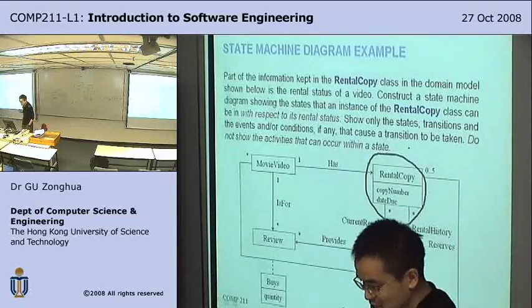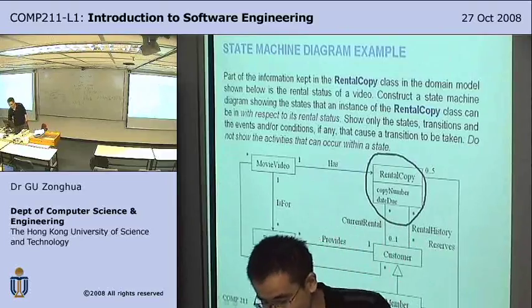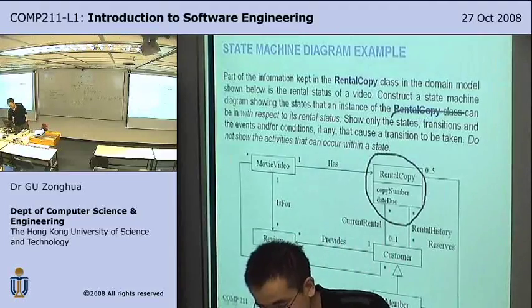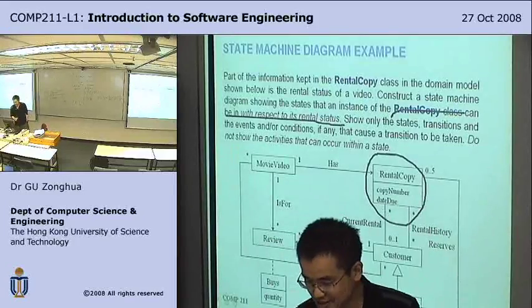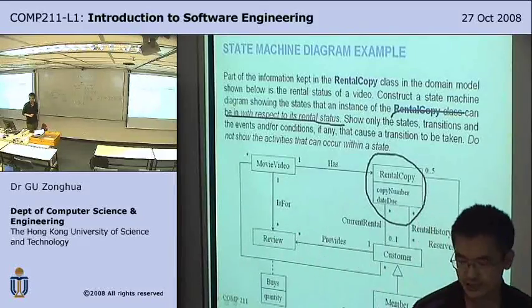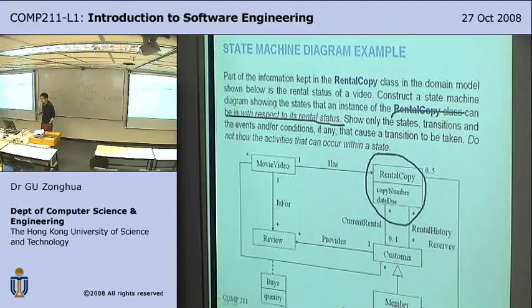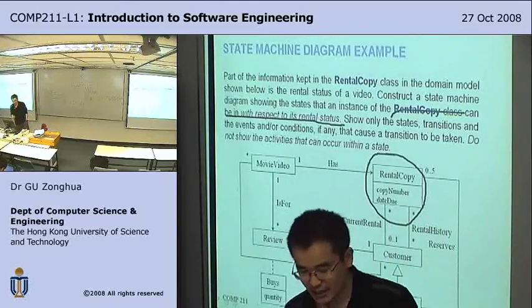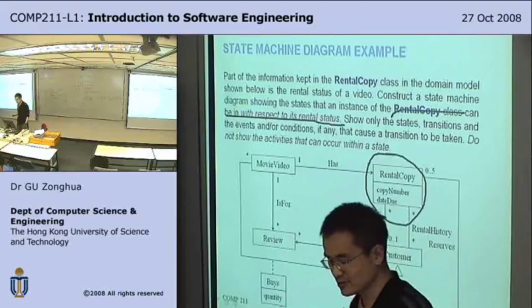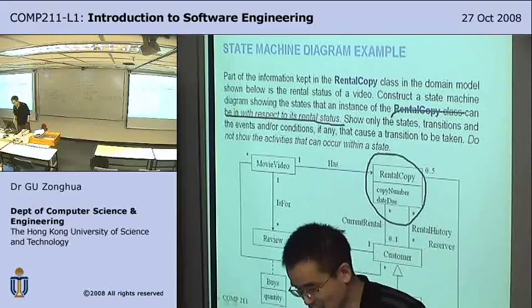Construct a state machine diagram showing the states that an instance of the rental copy class can be in with respect to its rental status. Show only the state transitions and the events and conditions that cause the transition to be taken. Do not show the activities that can occur within the state. This is for clarity.